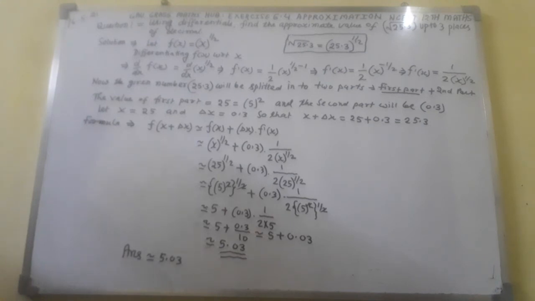In this way this question has been solved. Later on I shall take more and more questions related to this exercise on approximation, so that things will be cleared in complete sense. Till now, okay, thanks.